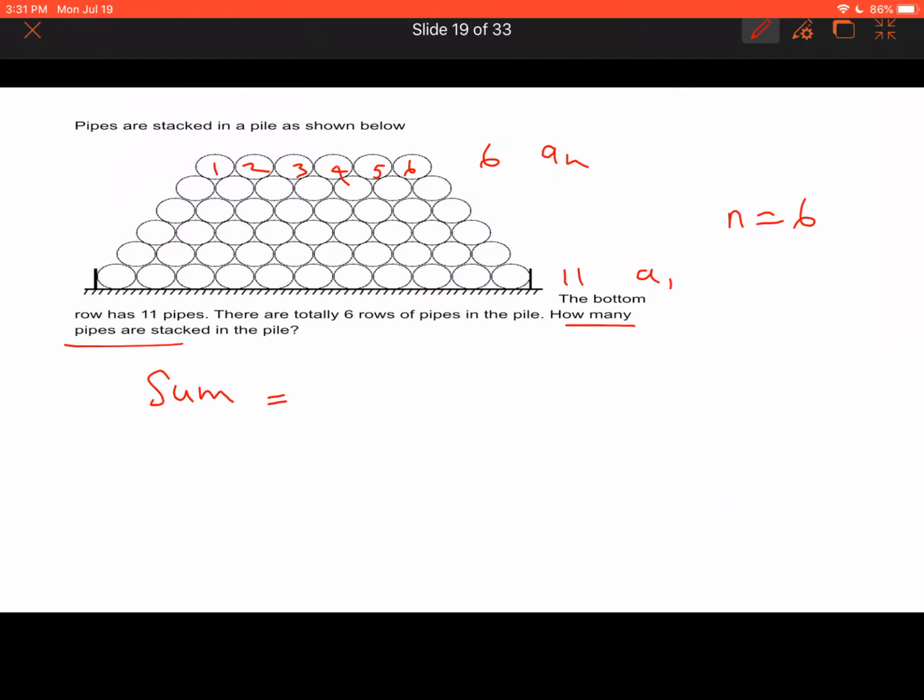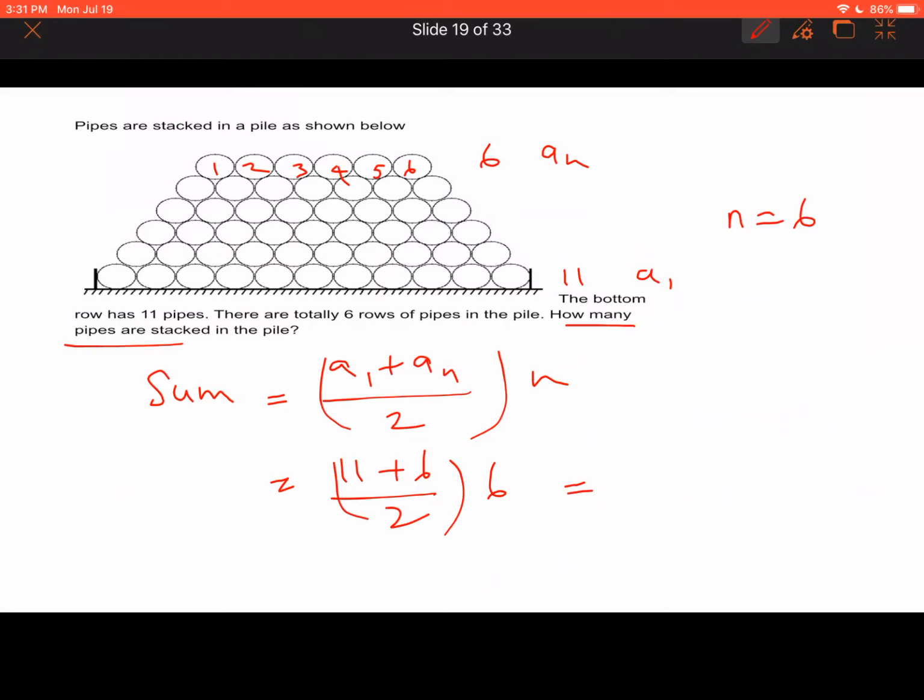Since we know the A1 and AN value, we are using the first formula, that is A1 plus AN by 2 times N. It's nothing but 11 plus 6 by 2 times N, which is going to be 51 pipes.